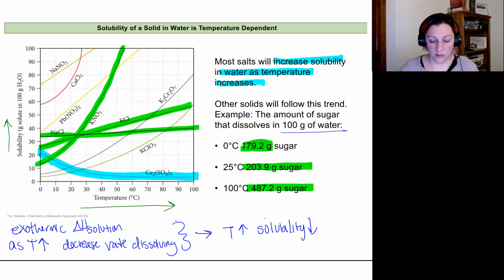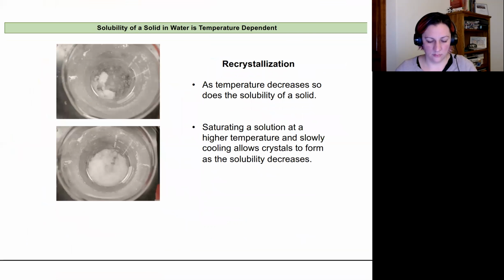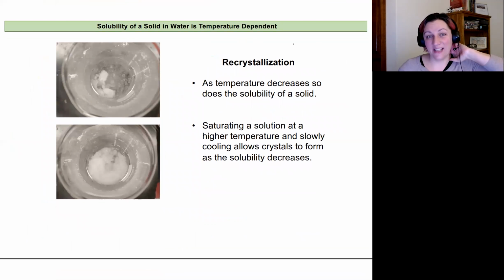In general, most salts are going to increase their solubility with an increase in temperature, because most of them are an endothermic process. So we take advantage of the temperature dependence of solubility quite a bit in the lab.